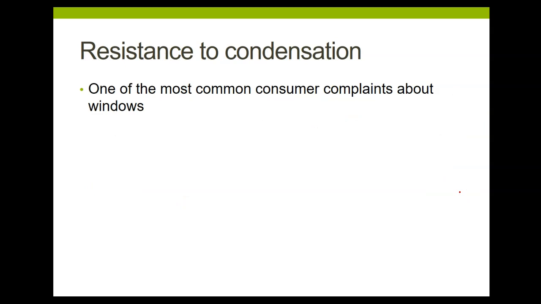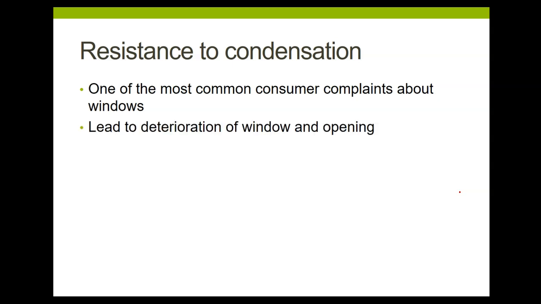Resistance to condensation. One of the most common consumer problems with windows is condensation. You pay for a window, then in the winter it starts to fog and condensate. That's not something that people want to put up with. Besides the complaints about the fog, it's also an issue because the window deteriorates over time.